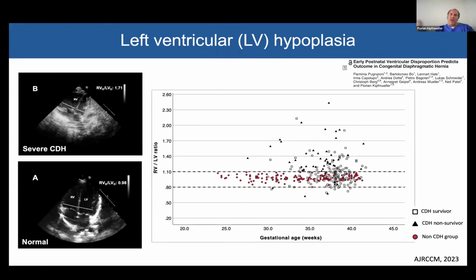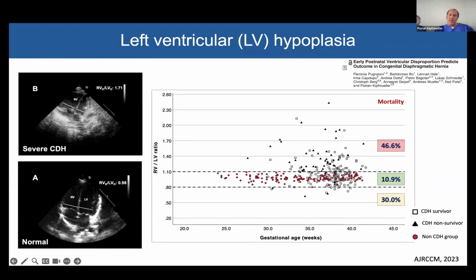Then left ventricular hypoplasia, that is really an issue. This has been described in a paper published by Flaminia Pugnaloni, who was a research fellow back in Bonn when I worked there. And we were able to see that in the babies with left ventricular hypoplasia, the mortality is almost 50% compared to babies with normal left to right ventricular size.